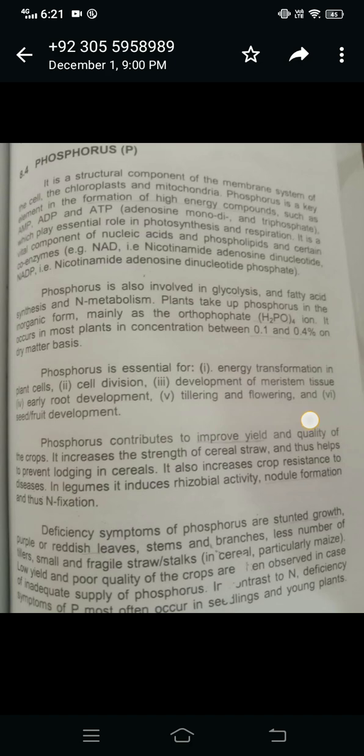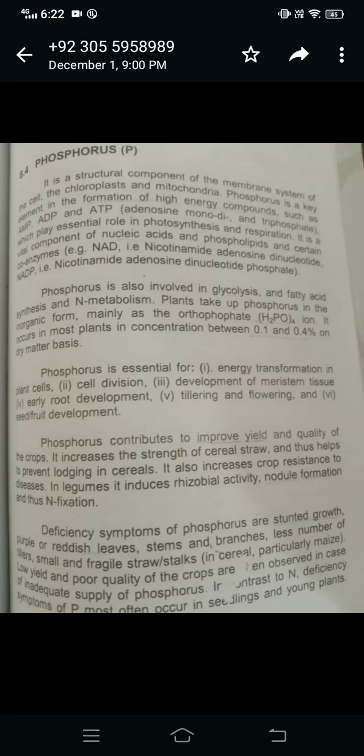Low yield and poor quality of the crops are then observed in case of inadequate supply of phosphorus. In contrast to nitrogen deficiency, symptoms of phosphorus deficiency most often occur in seedlings and young plants.